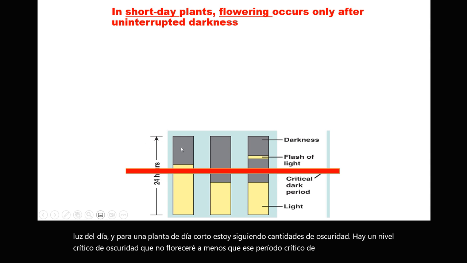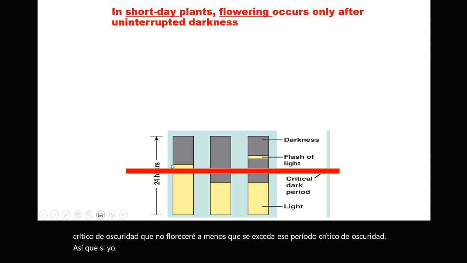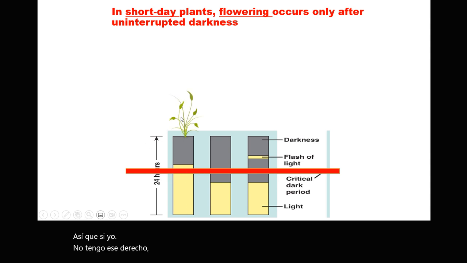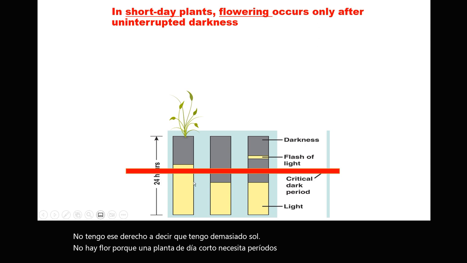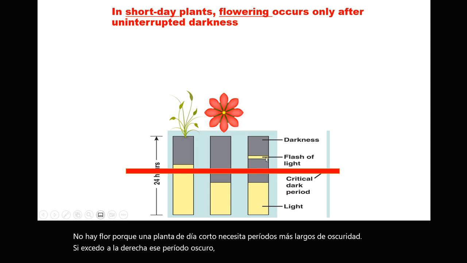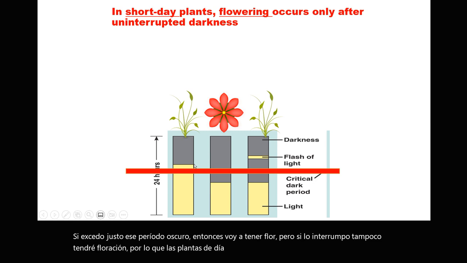So if I don't have that, say I have too much sunshine, no flowering, because a short day plant needs longer periods of dark. If I exceed that dark period, then I am going to have flowering. But if I interrupt it, I will also have no flowering. So short day plants need uninterrupted darkness in order to flower.